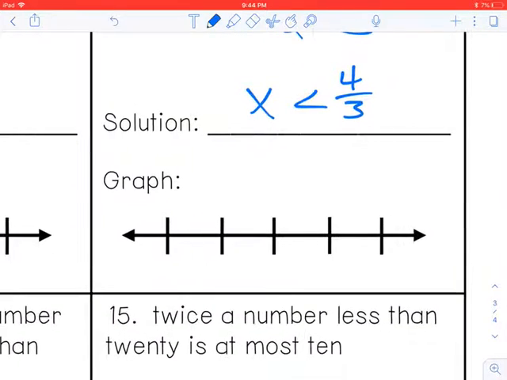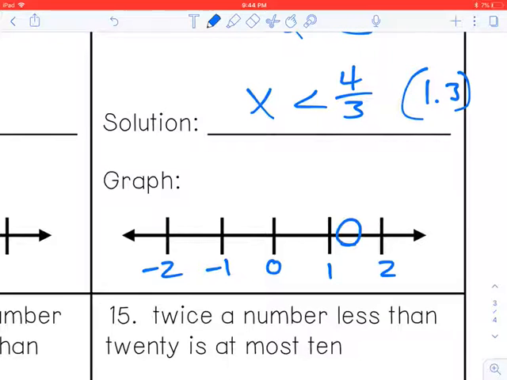Now on a graph, that would be kind of like less than 1.3. So if I've got 0, 1, 2, -1, -2, 1.3 would be about right here. And it's an open circle going to the left.